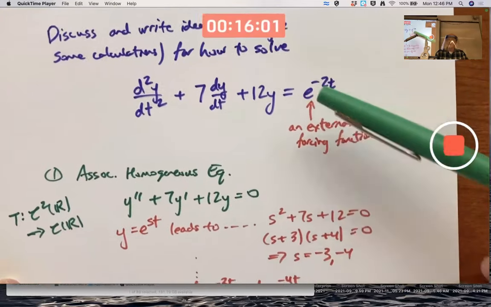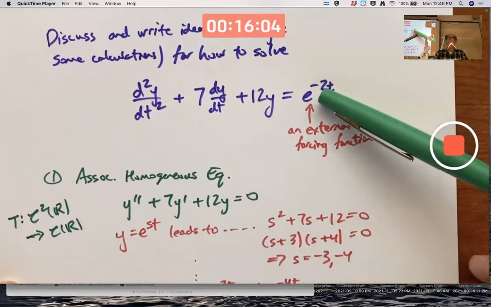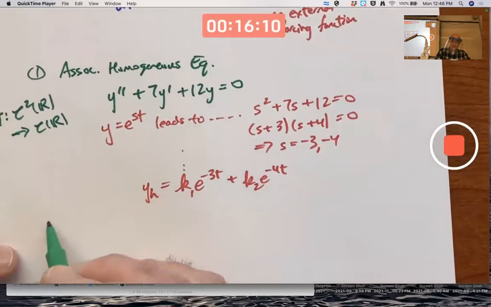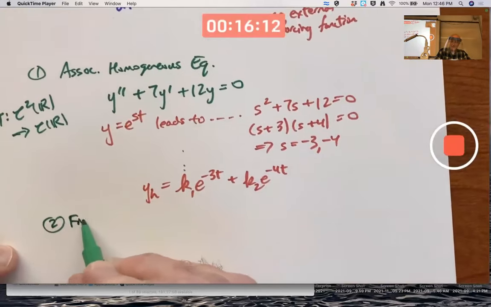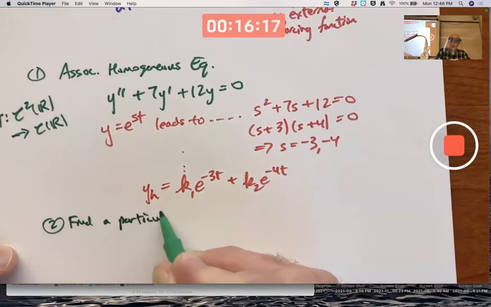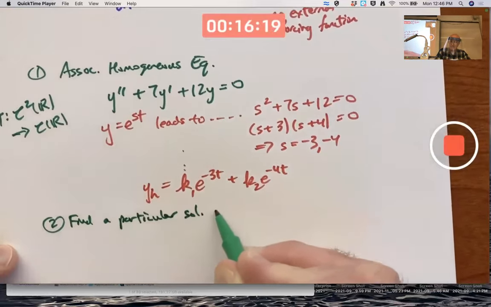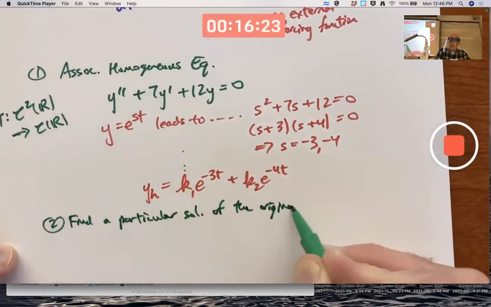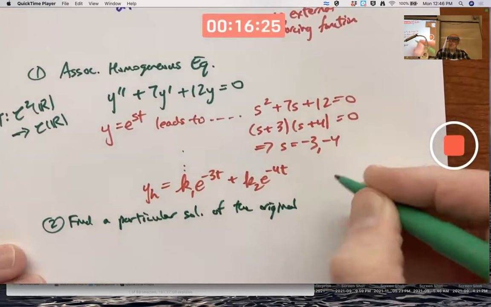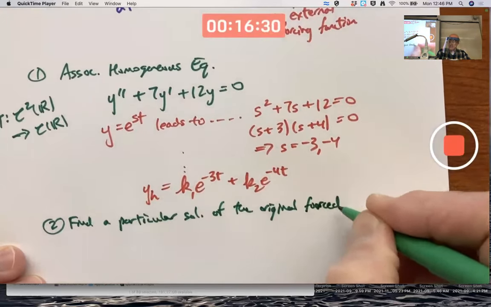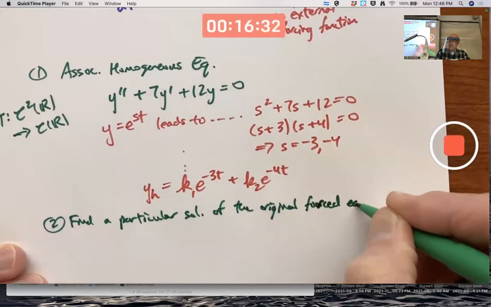But now we want to go back to the original non-homogeneous equation. That was what we're really after. So we need our second step. Find a particular solution of the original non-homogeneous equation, the forced equation.